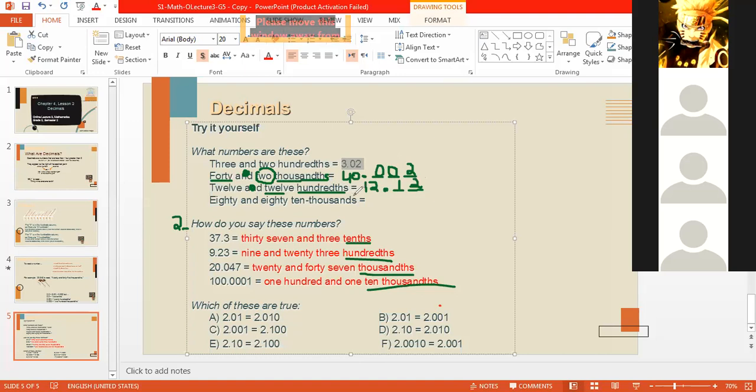Yalla, 80 and 80 ten-thousandths. This should be ths here. Okay? Yalla. So now what do I put? Point. And I underline this keyword. What do I have in the whole part? 80. Point. How many dashes? 4 dashes.